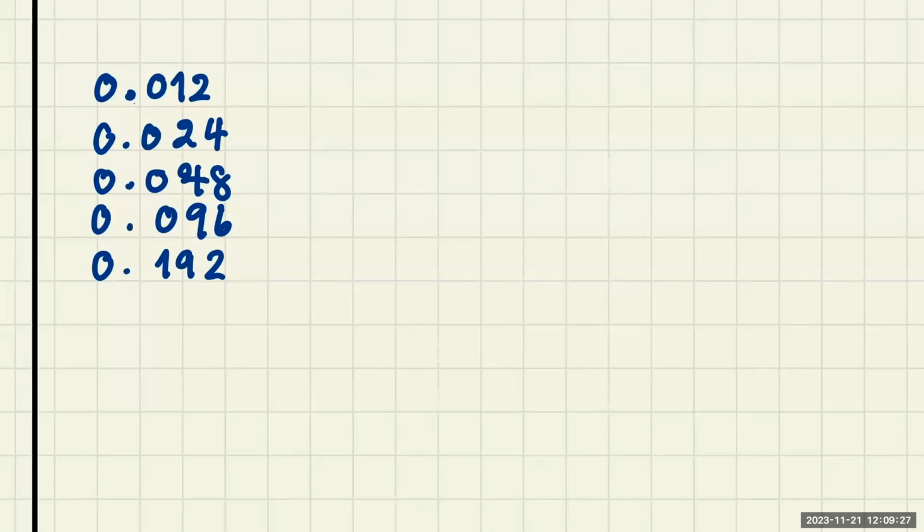This is the number that I multiply by 2. So 1.2 multiplied by 2, I get 0.024. Multiplied by 2, I get 0.048.